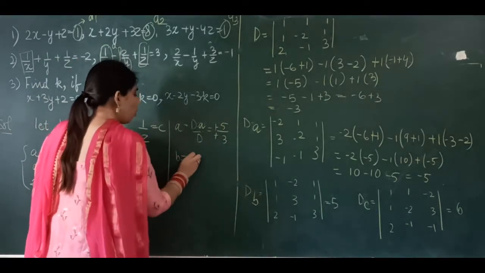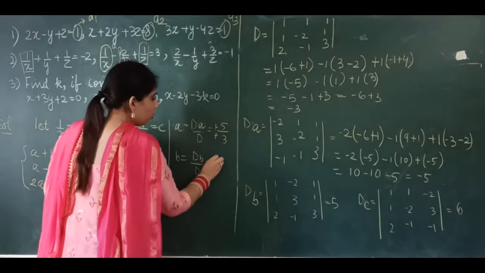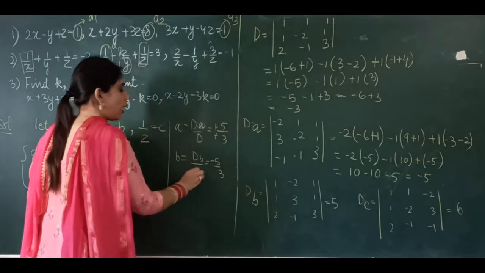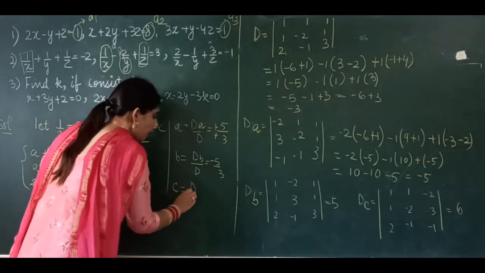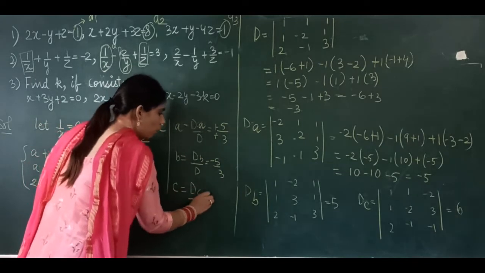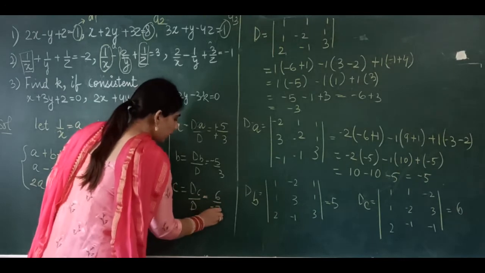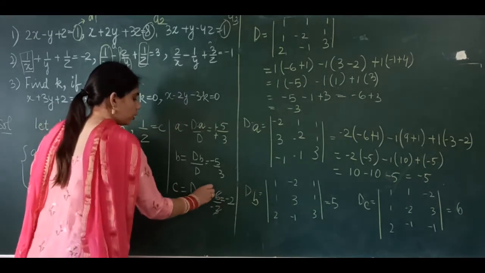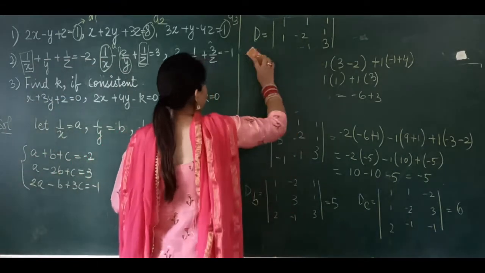Your value of b will be db upon d. It will be 5 upon minus 3, or I can write it as minus 5 upon 3. And the value of c will be dc upon d, which will be 6 upon minus 3, or I can write it as minus 2.